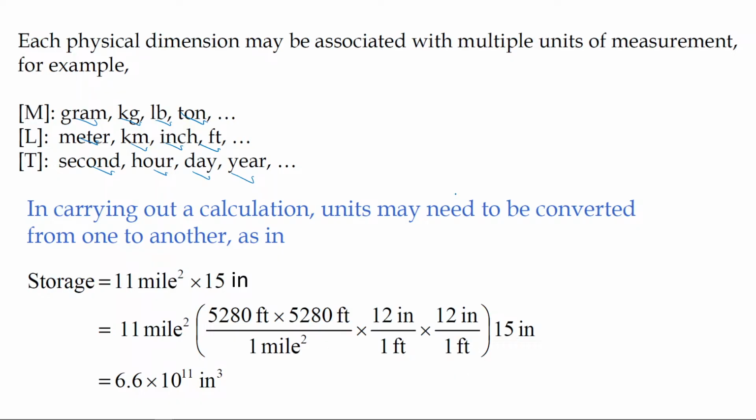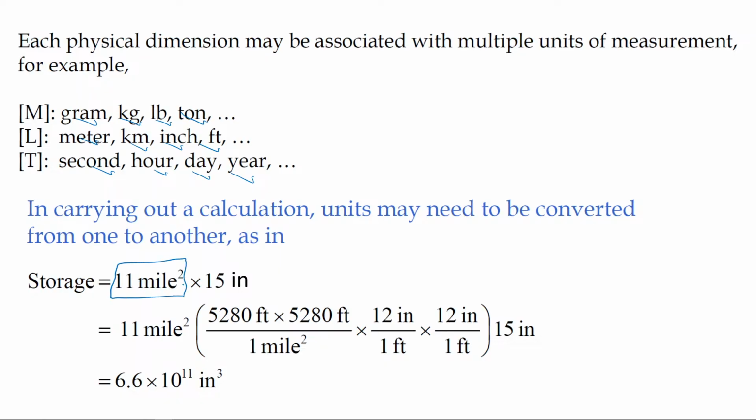So if I asked you for the storage, and I want the storage not in mile cubed, but in inch cubed, how can I solve this? I have this, so this is my area.